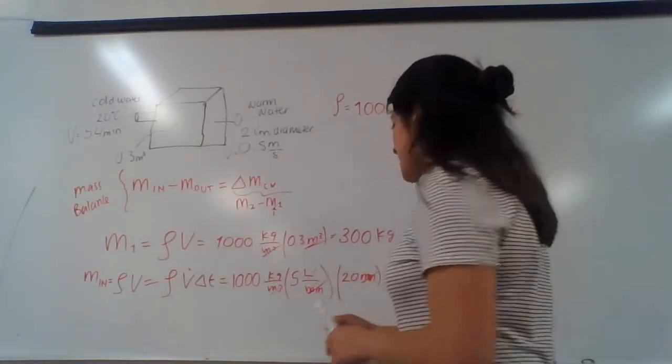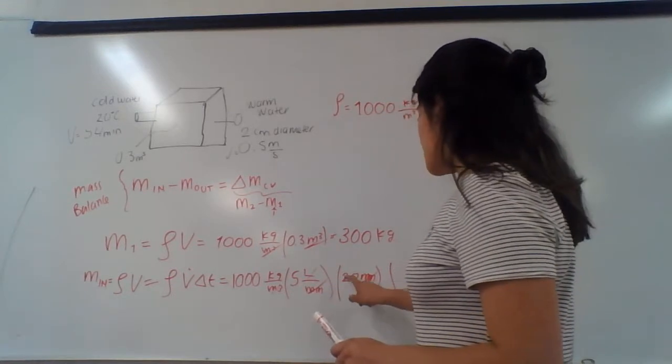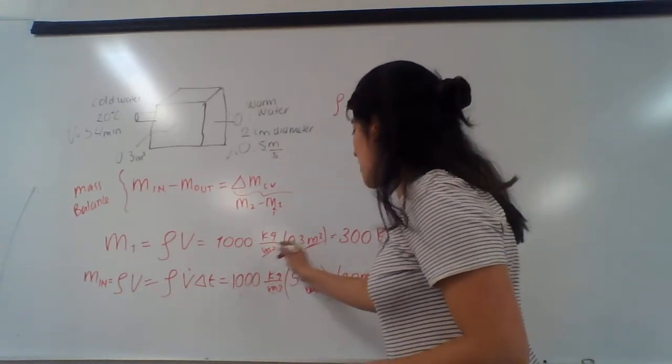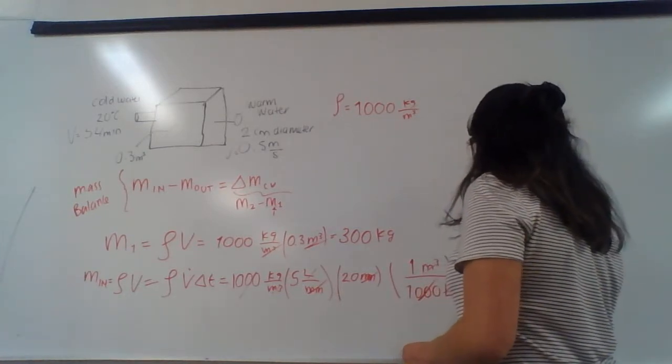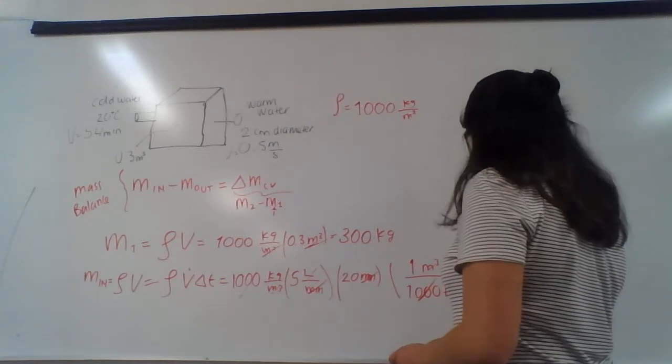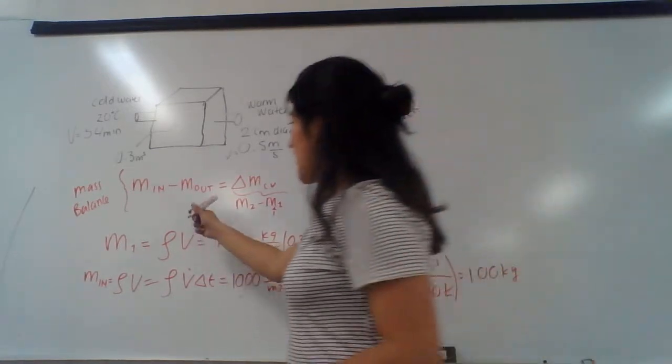So we only get 5 times 20 because the 1,000 cancels. So it's a mass of 100 kilograms. And that's for the mass that is going in.